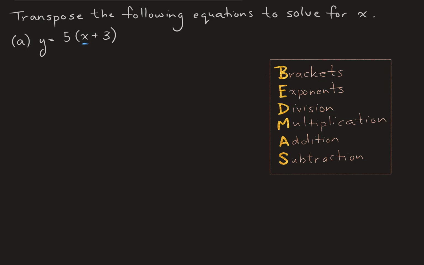Now, when we're trying to rebalance or rearrange an equation, it's often wise that instead of working forward like we would normally do through this order of operations, what we're going to do is actually work backwards.